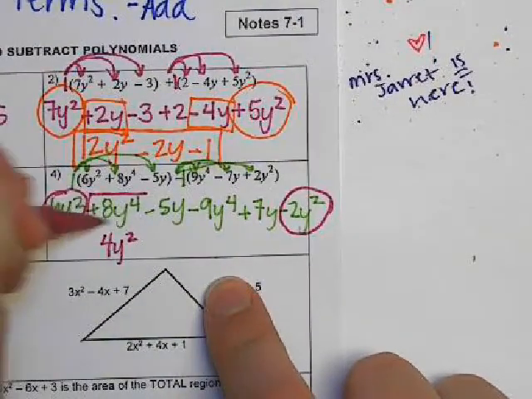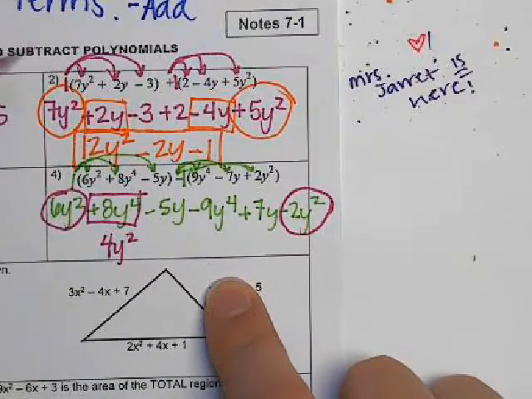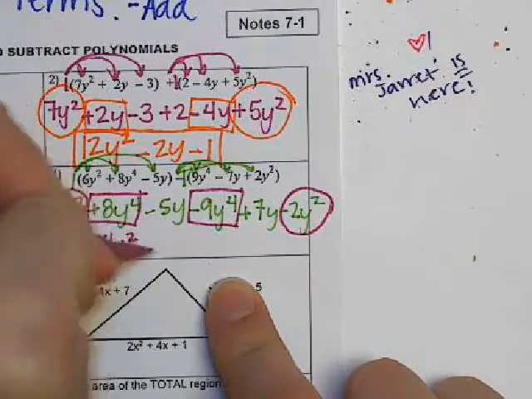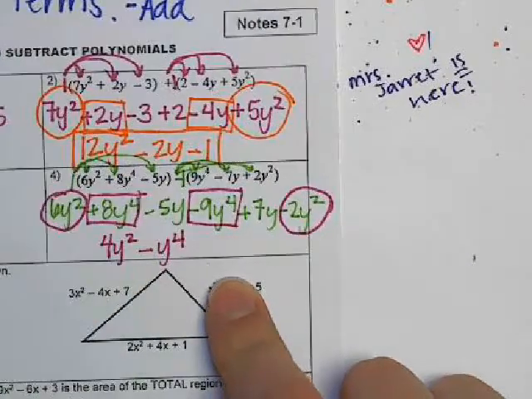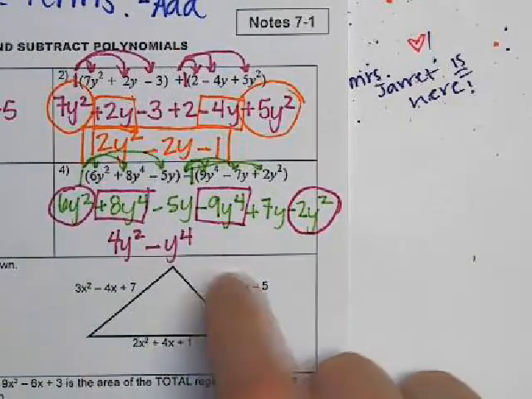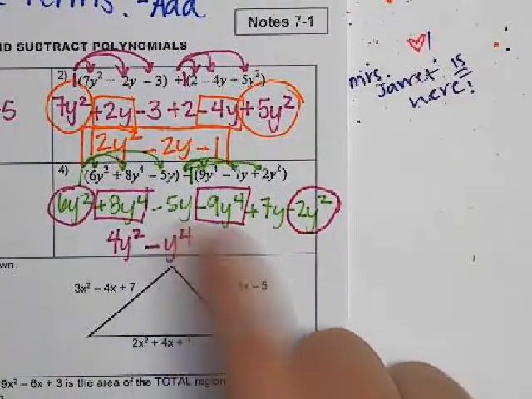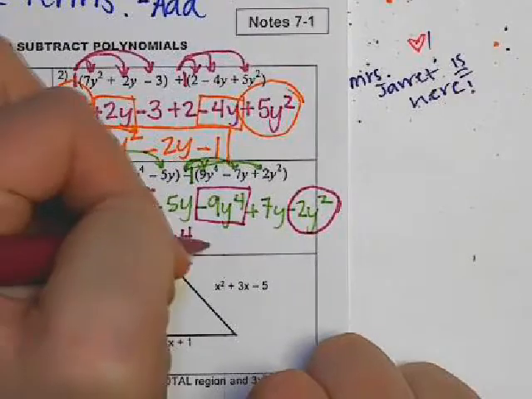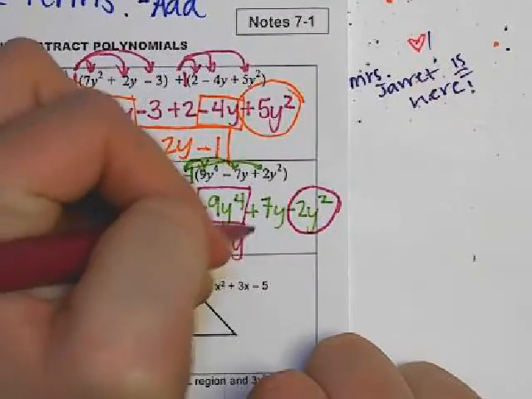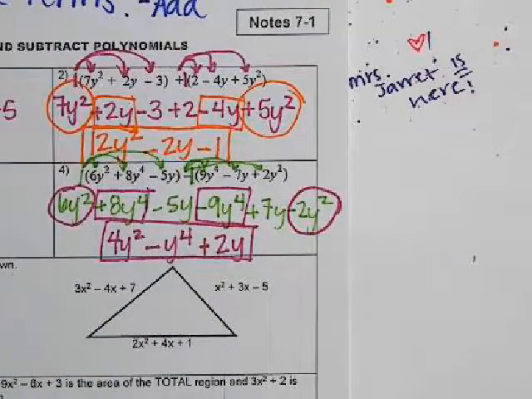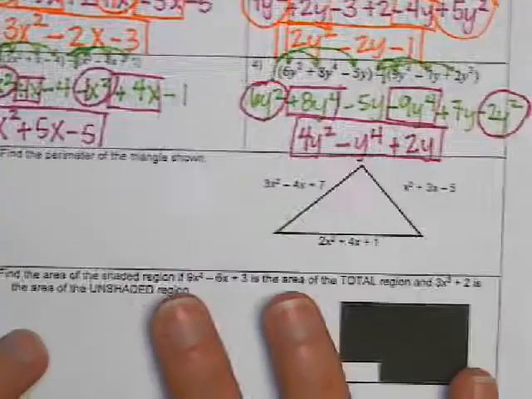Then box 8y to the 4th, which is like terms with negative 9y to the 4th. And you get negative y to the 4th. Because it's really negative 1, but you don't have to write the 1. Then I'm left with negative 5 and 7, and I get positive 2. How'd we do? Good.